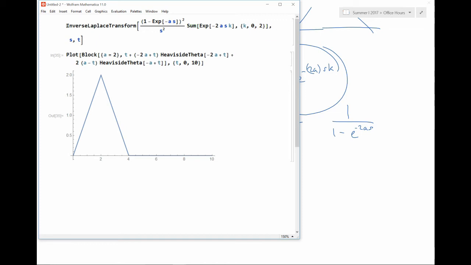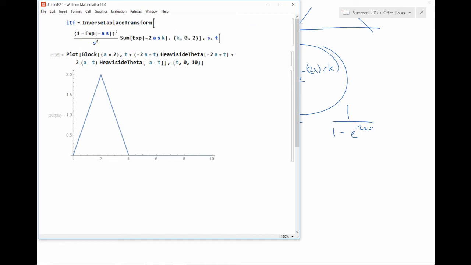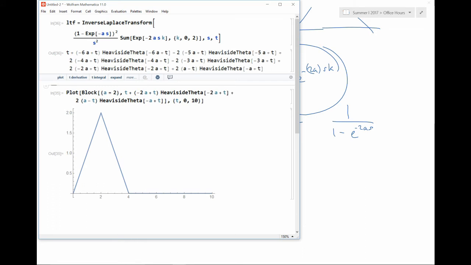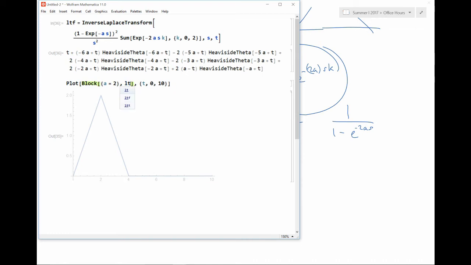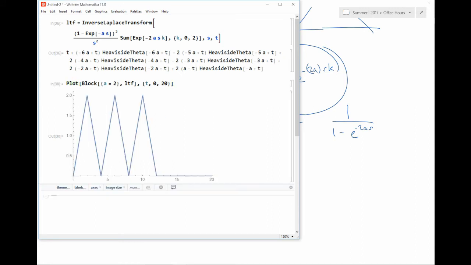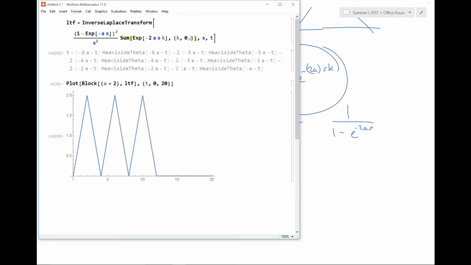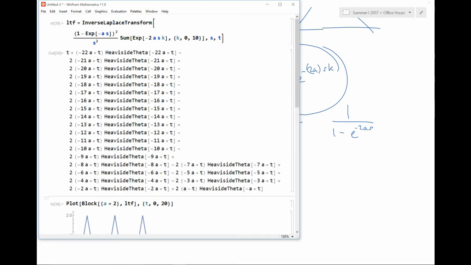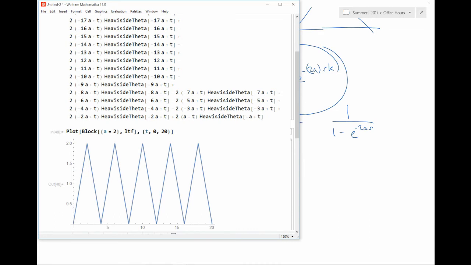I'm going to call this function LTF, the Laplace transform of f, and plot LTF from 0 to 10. As you can see, I added a few more iterations of this function, but only 3, because I added the 0th iteration, 1 iteration, and 2 iterations. The more summation terms I include, the more iterations I will include in my function.